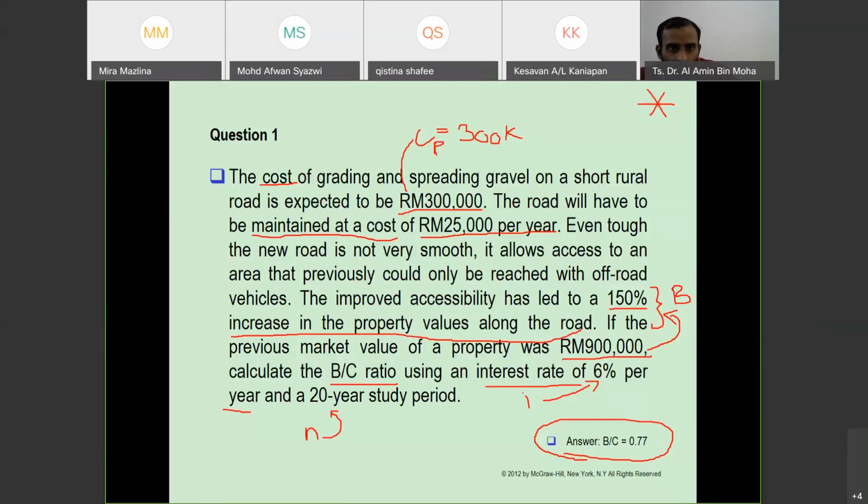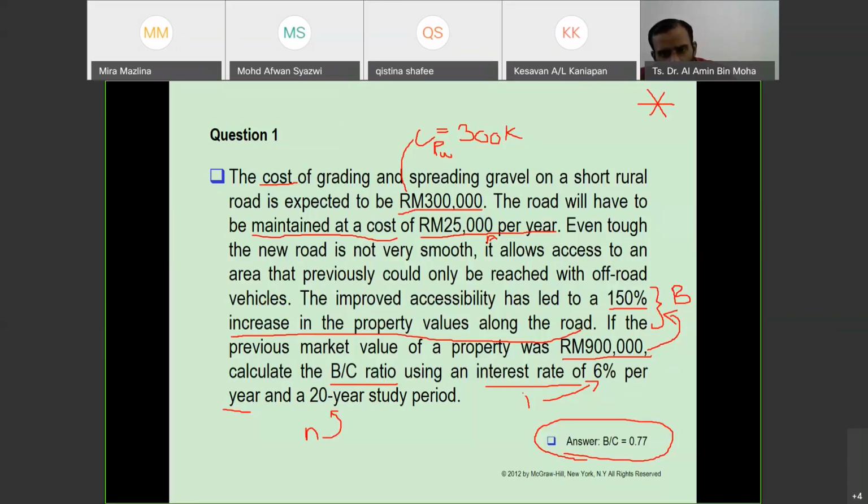P, present worth. And you have 25,000 per year, so this one is A. And they give market value of property 900,000.